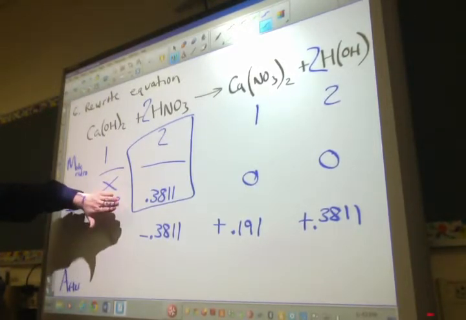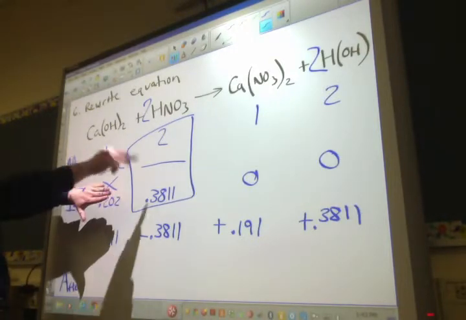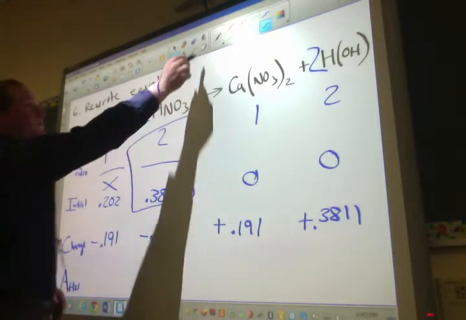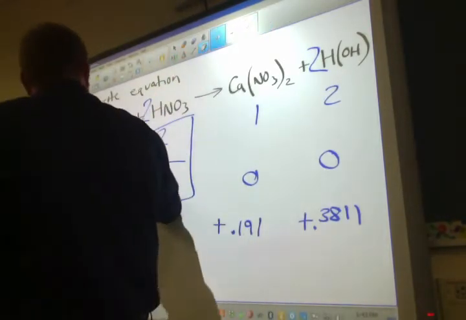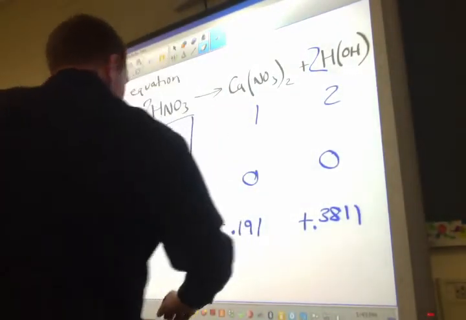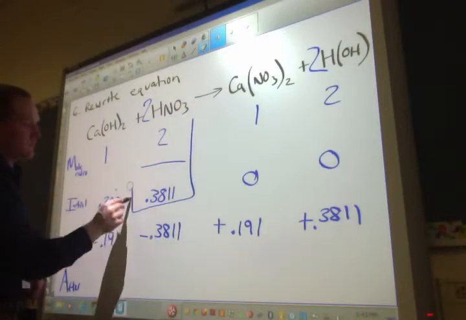Notice we don't use this because even though that's how much we have, that's not all going to react. Only some of it is. So compute this, it comes out to 0.191. Okay? And if it was a 2-to-1 ratio, that means just double it, or if this was the other way, take half of this. Oh, got it. Okay.